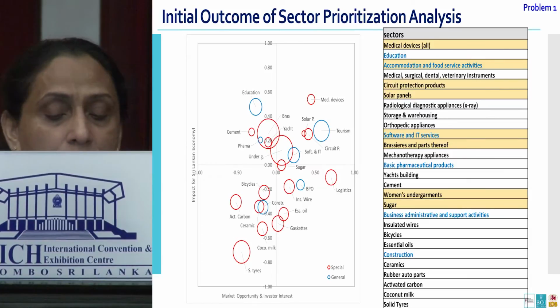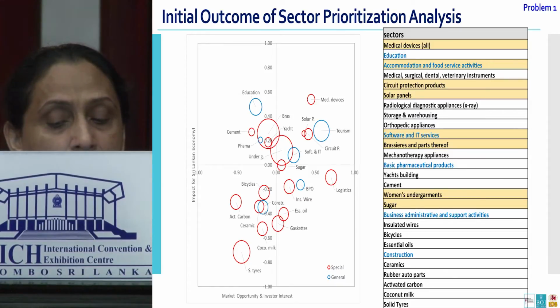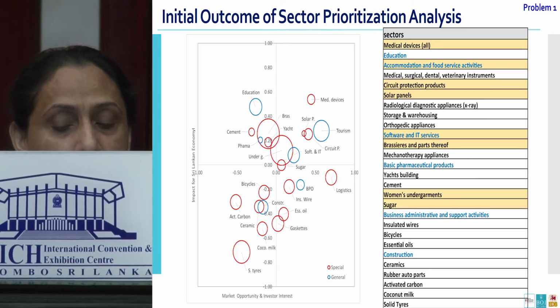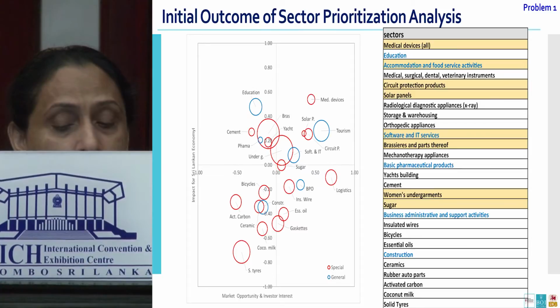So if you can see, medical devices we have got as one of the most promising sectors, as well as tourism, solar panels, circuit panels, software and IT, and also apparel. Two specific products that we have considered are not on the top right, but reaching.